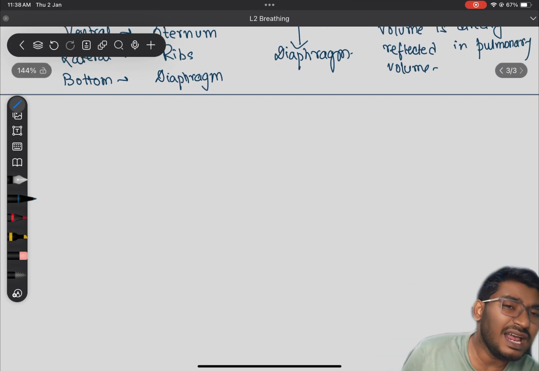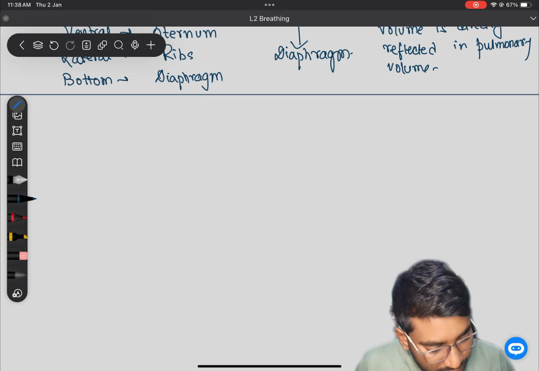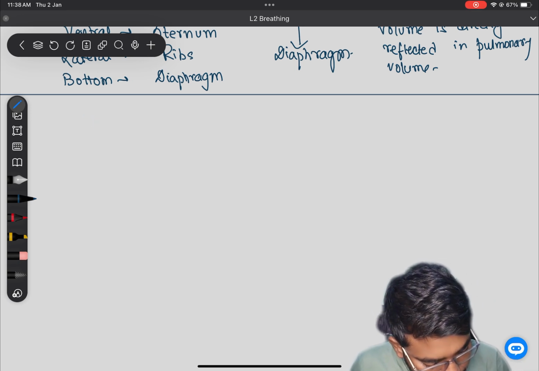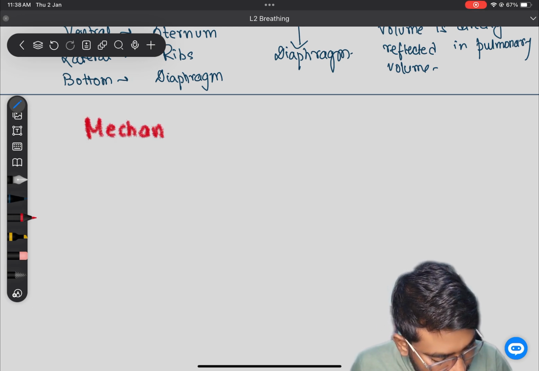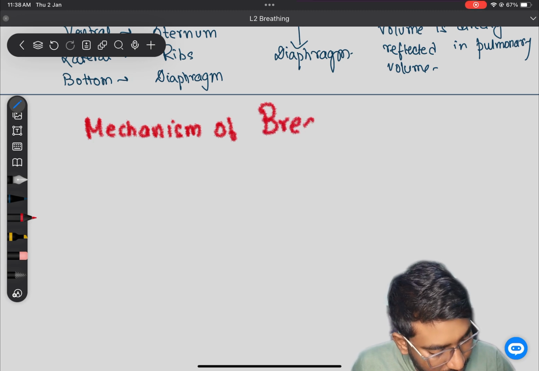Okay, now we come to the next part, that is the mechanism of breathing. What is the mechanism of breathing? Mechanism of breathing, note down the topic.